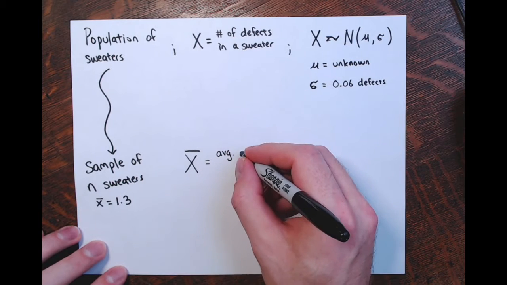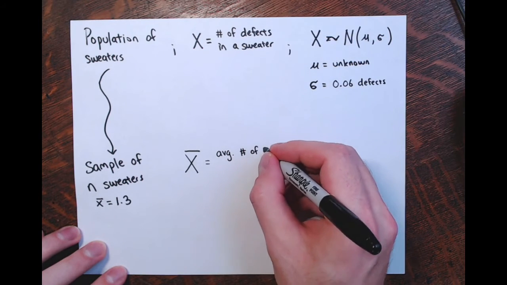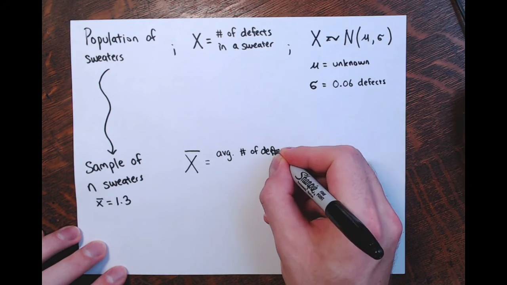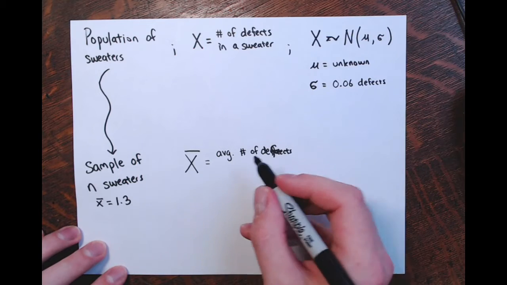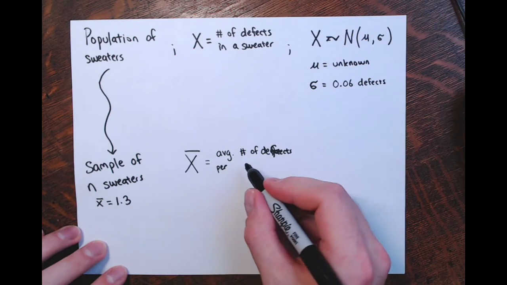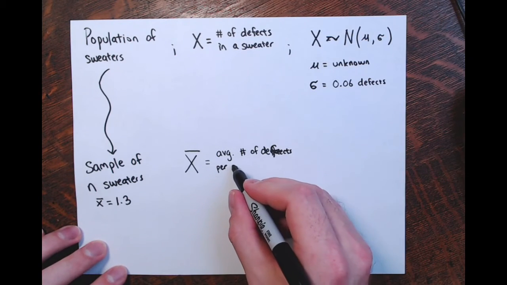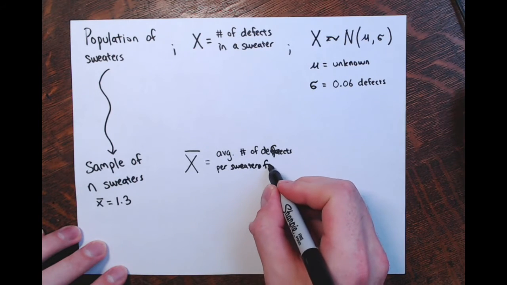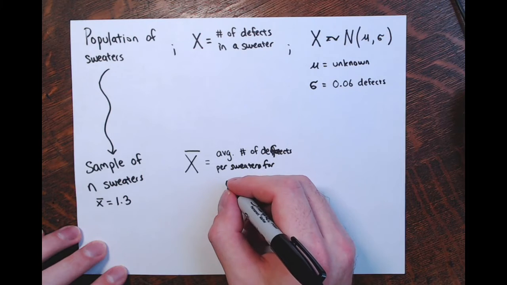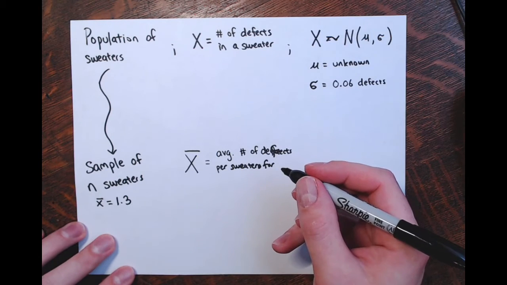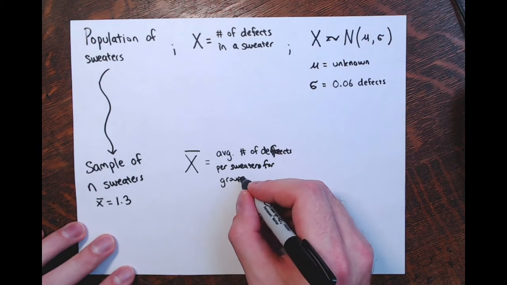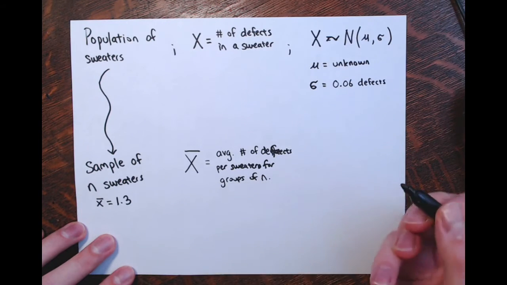The average number of defects per sweater for groups of n sweaters.